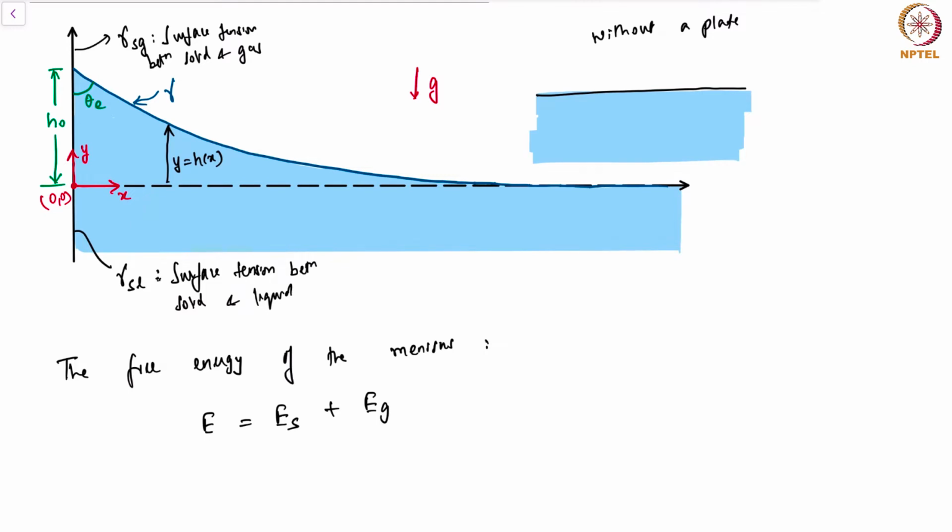So in other words, the change involves what was earlier gamma SG, which has decreased, and in its place what has come in is gamma solid liquid, over a height of h naught.